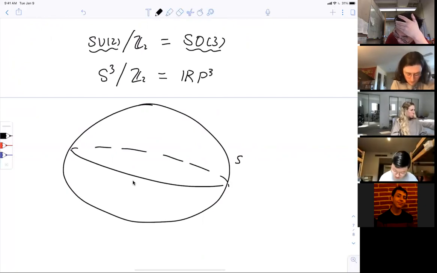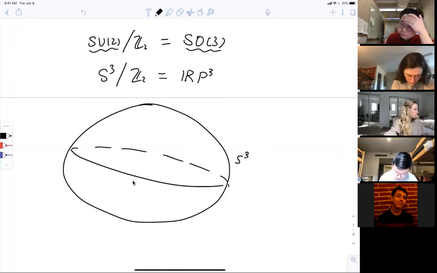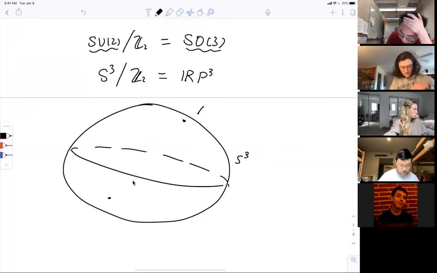Even though I draw a sphere, I assume this is a 3-sphere in 4 dimensions. There's no way to draw it, right? So I just assume it's a 3-sphere, modulo Z2, meaning that I identify the point G and minus G. So they're the same point.